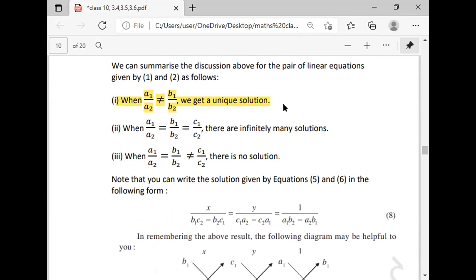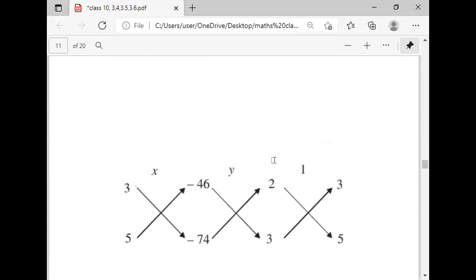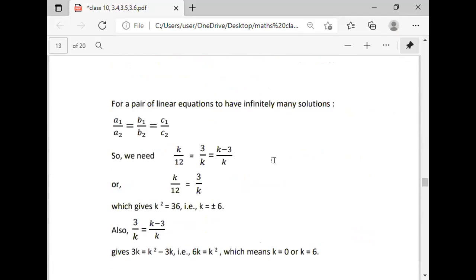We saw this information in the graphical method itself. When all the ratios are equal, there are infinitely many solutions. Similarly, when a1 by a2 is equal to b1 by b2 but not equal to c1 by c2, there is no solution. First of all, we have to draw this diagram, and then from this diagram we can easily solve using the cross multiplication method. And we have done some examples.